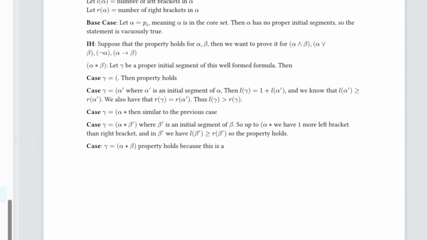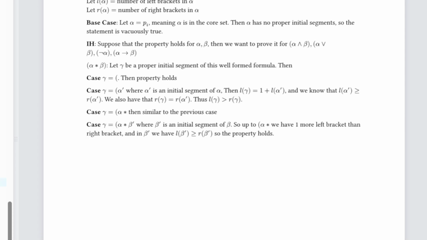Actually, I realize this last case is unnecessary because we're assuming it's a proper initial segment, so the close bracket is not a case. So this proves the result for the case open bracket, some proposition alpha, then some binary connective, and then another proposition beta, and close bracket.